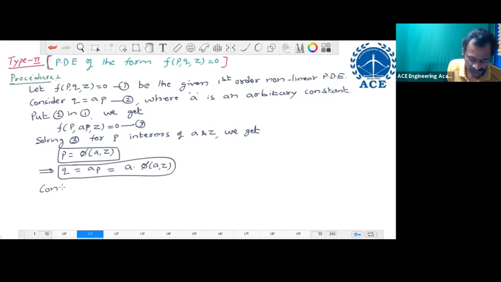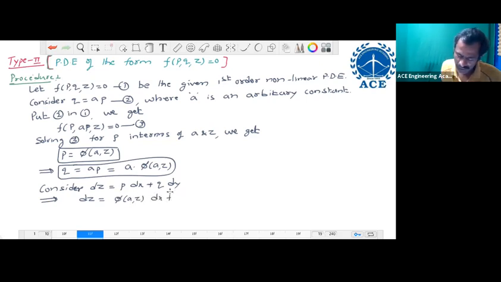Consider dz equal to p dx plus q dy, which implies dz equal to, in place of derivative p, we have phi of a comma z dx plus, in place of q, we have a into phi of a comma z dy.